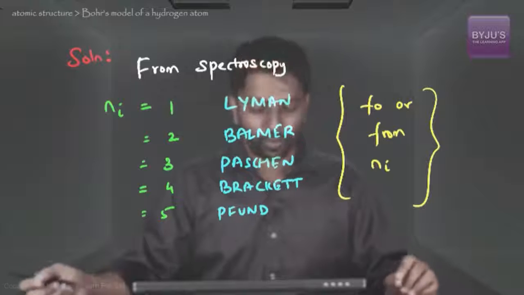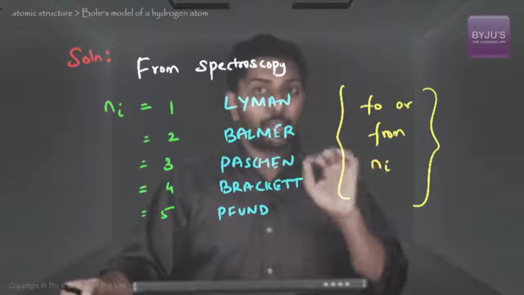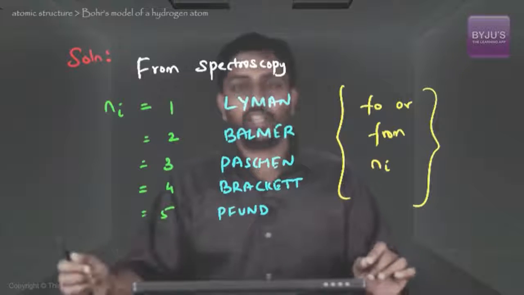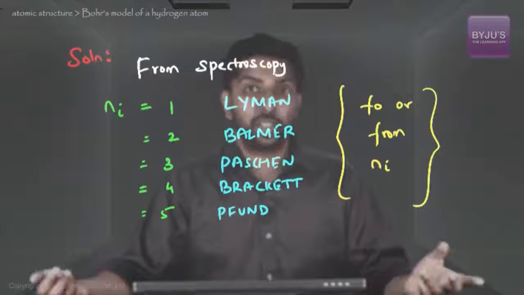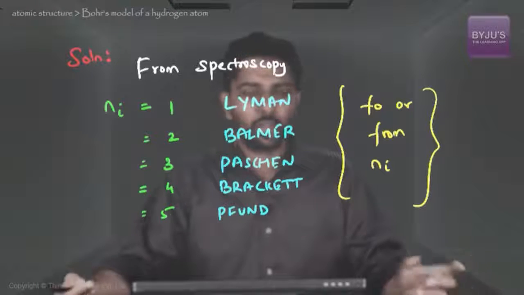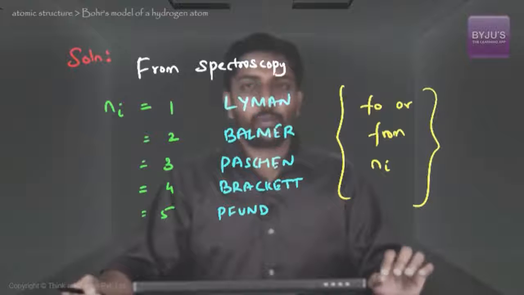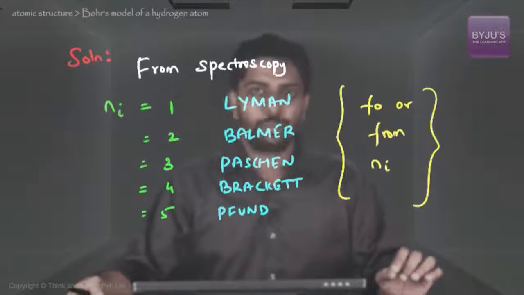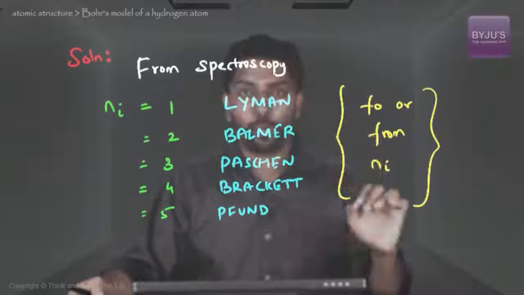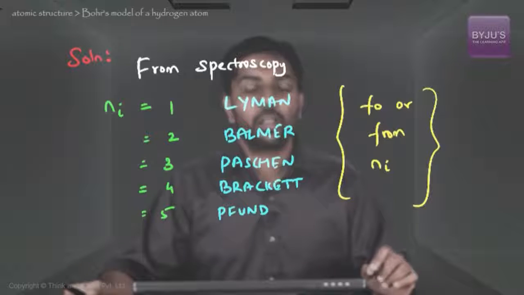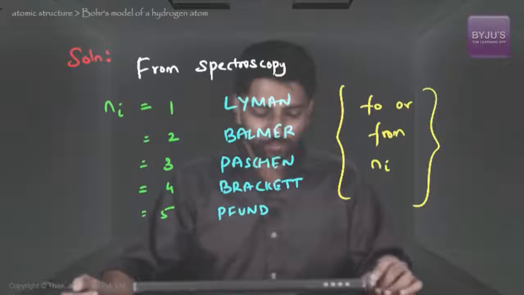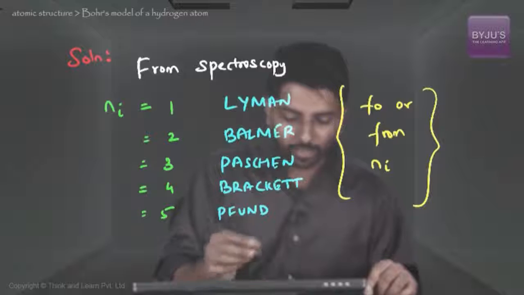So for n equals 1, that particular stationary state, which we sometimes refer to as the ground state because it has the lowest energy, any transition to or from n equals 1 is the Lyman series. So that is what we have actually written here.